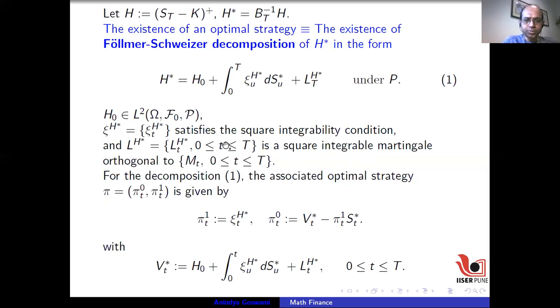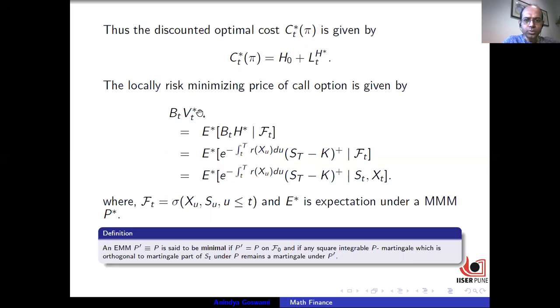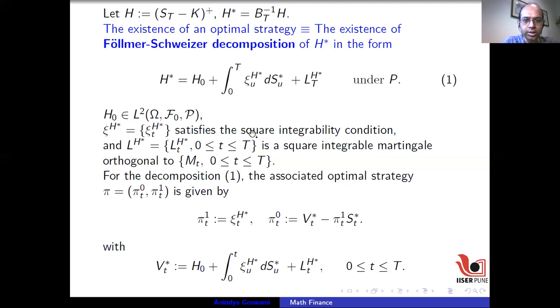So that is what is written here. This is a martingale under P. But if you change P to P star, another equivalent martingale measure, why should this remain a martingale? The answer is that it need not.